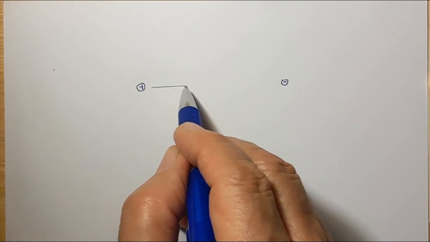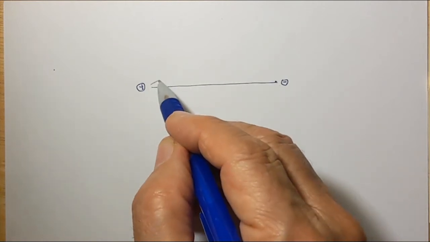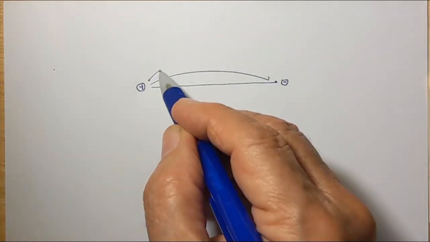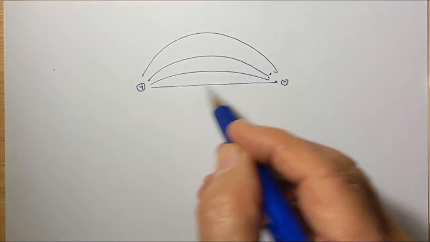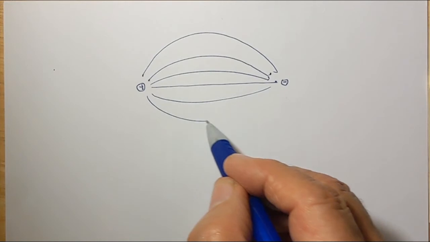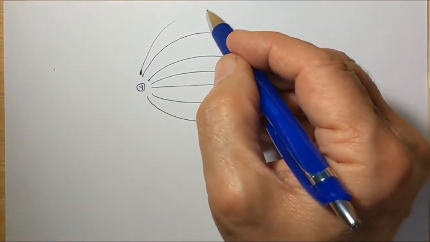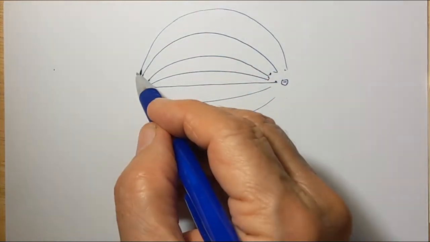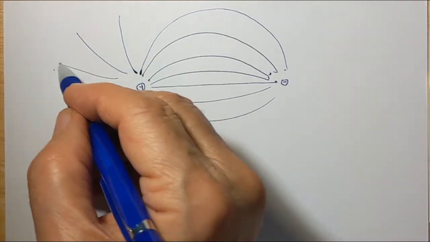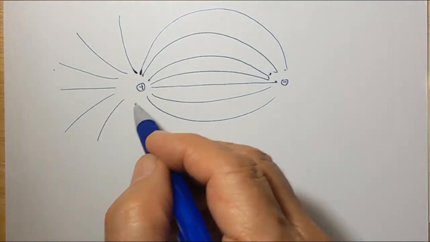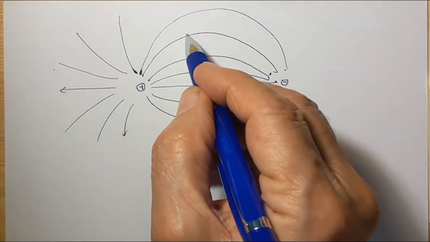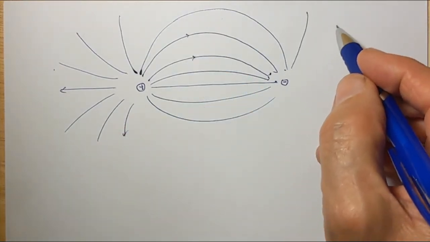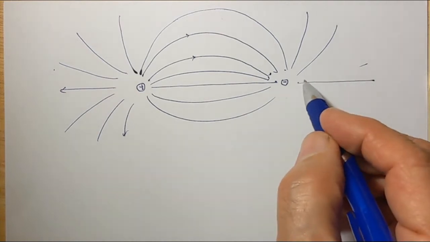So what we get is a straight line here, and then electric field lines that go like this, and similarly on the lower side, and then they go out far away, and then they come back here. These are all vectors, so they all have some direction. These will be coming in.